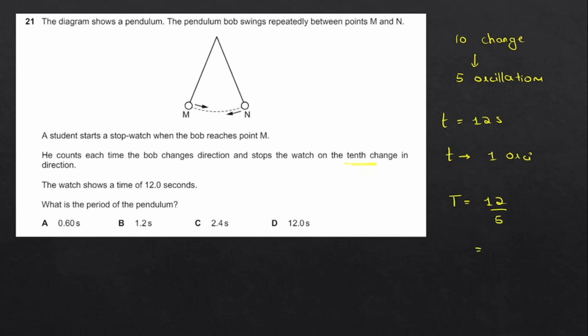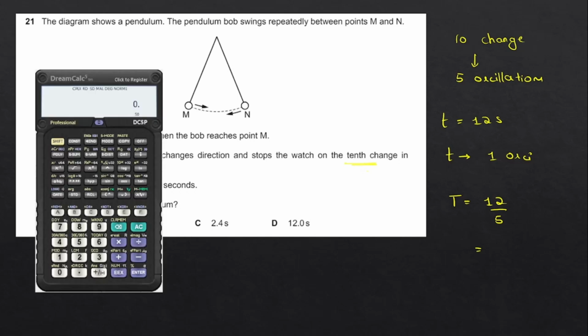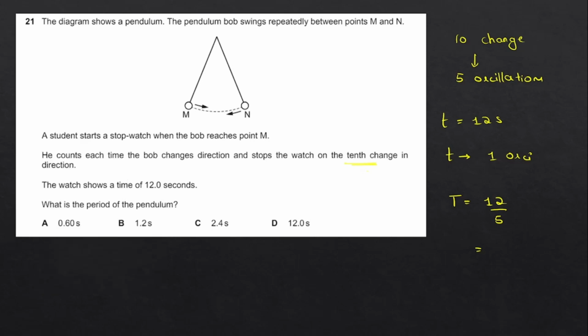Let's take out our calculators and work out 12 divided by 5. 12 upon 5 gives us 2.4. So the answer will be 2.4 seconds. That's the time period of the pendulum.